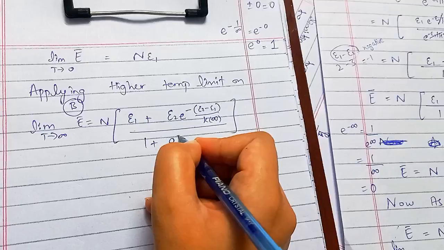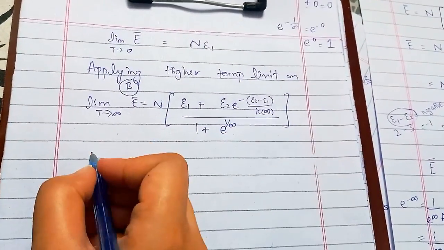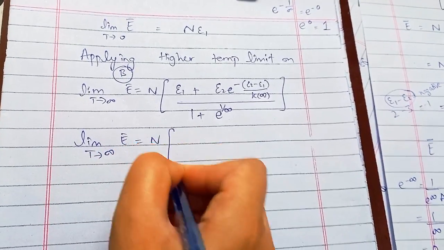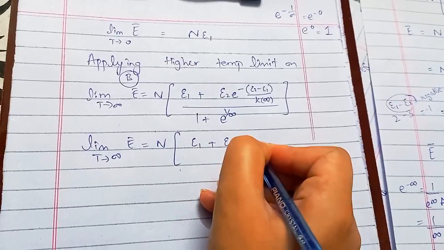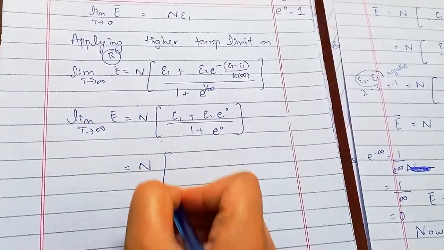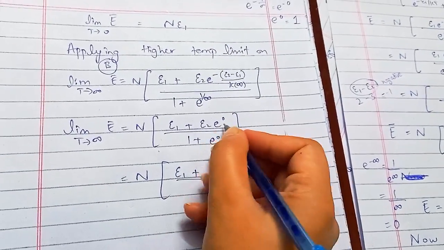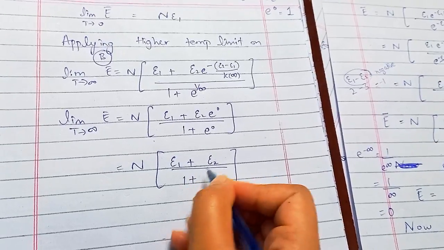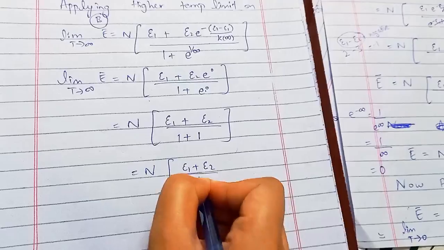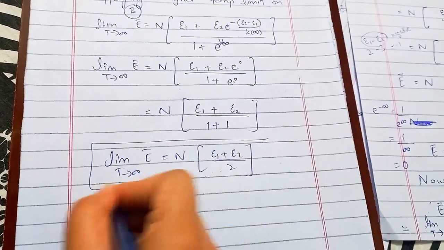It's E1 plus E2 e to the power 0, over 1 plus e to the power 0, so capital N times E1 plus E2 e to the power 0, which is 1 again, which multiplies with E2 to become E2 simply, and it's 1 plus 1 in the denominator, so capital N times E1 plus E2 divided by 2. This is the average energy at the limit of higher temperature.